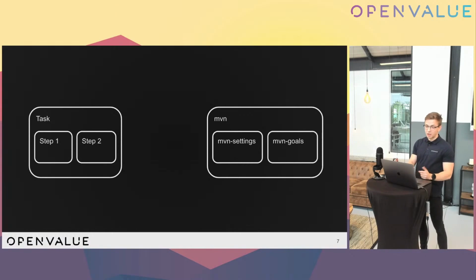In this example, we've got a Maven task that has two steps. One is to properly set the Maven settings so that your Maven setup is correct for your Maven goals to be executed. A Maven goal could be running clean and then package to create a jar for your Java application.